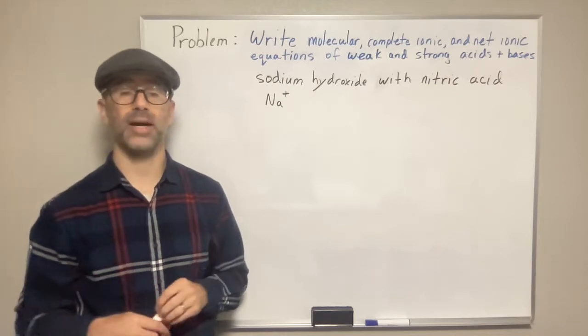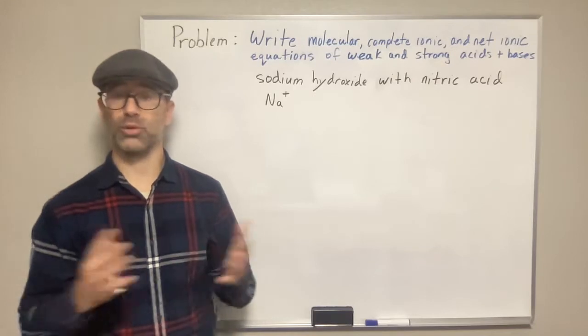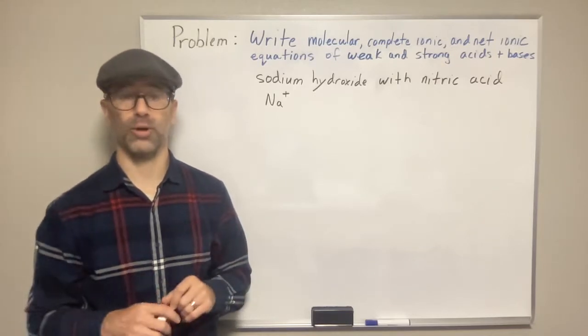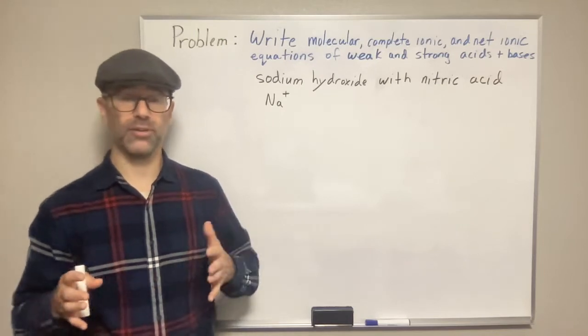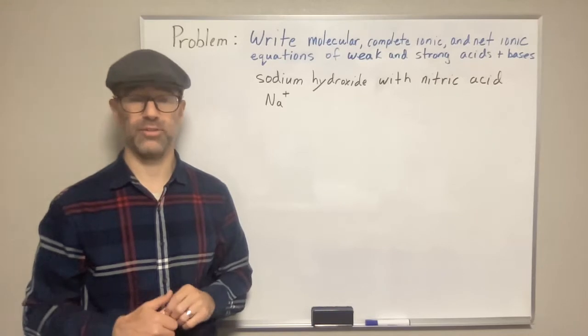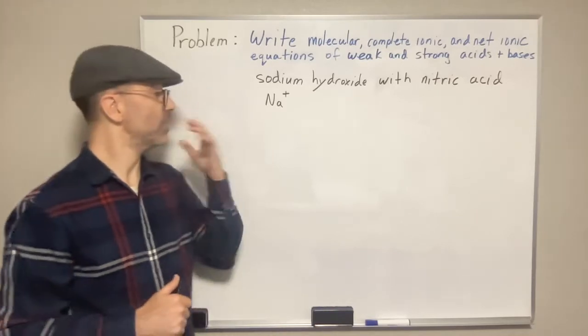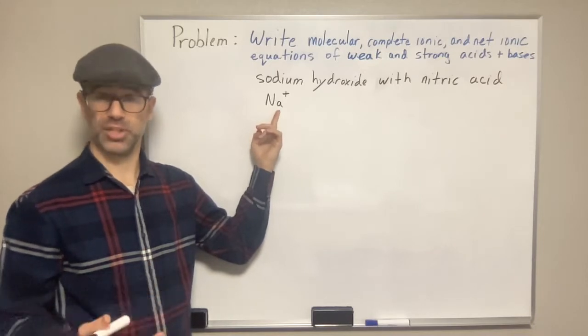If you keep that in mind, and you also keep in mind that atoms want to gain or lose electrons to have a noble gas configuration, and that noble gases have a full outer shell, which is typically 8 electrons, then you can see that sodium here has one valence electron because it's in group 1.